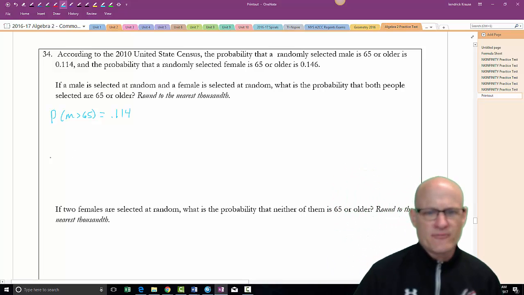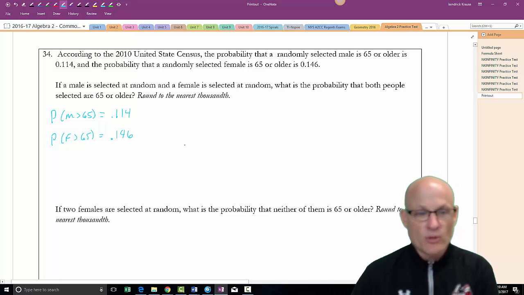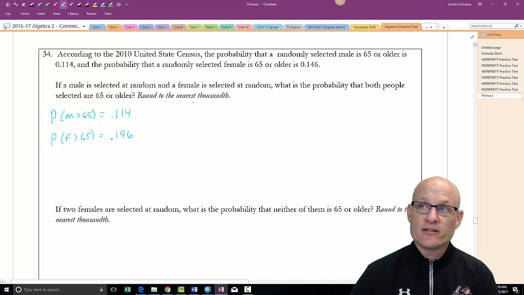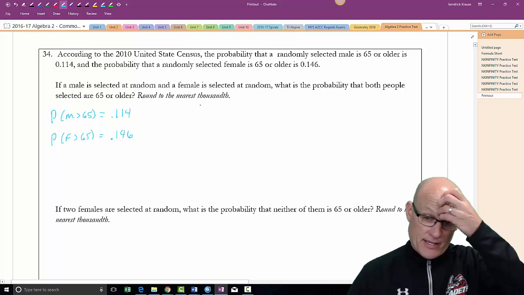And the probability of a female greater than 65 is equal to 0.146. Apparently women live longer. If they are randomly selected, what is the probability that both are 65 or older? I hate to ask this question, but is the probability of being male and the probability of being female independent?